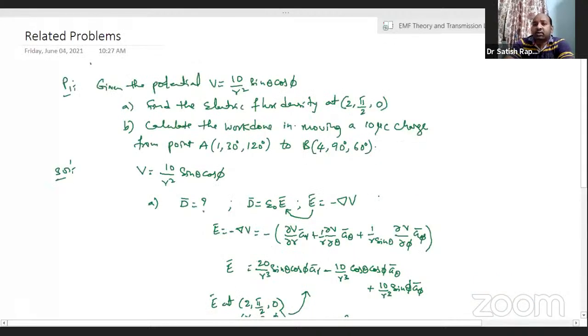Afterwards we did problems related to potential. When a potential was given, we saw how to determine electric flux density, and also how to calculate work done in moving a point charge from one point to another point.